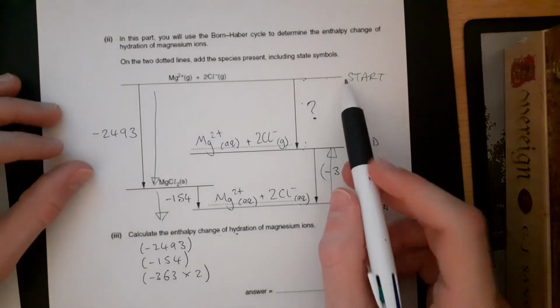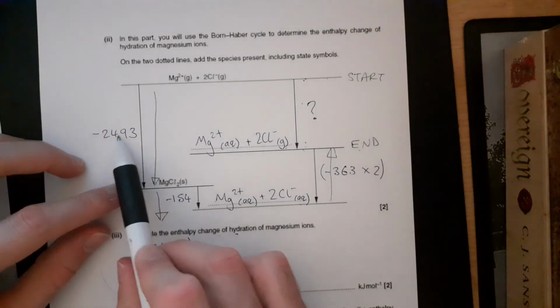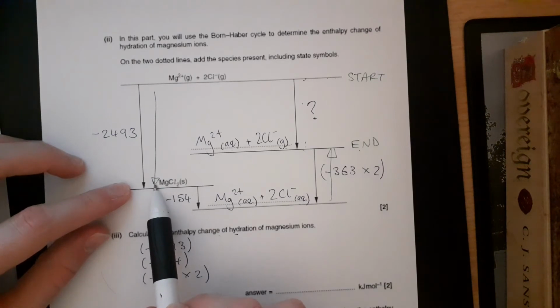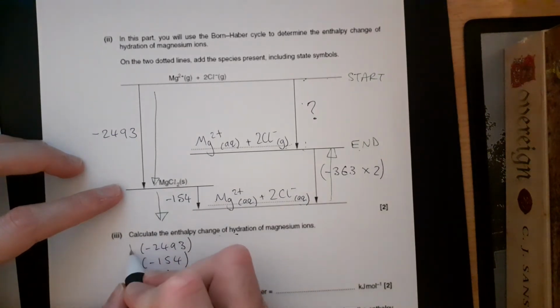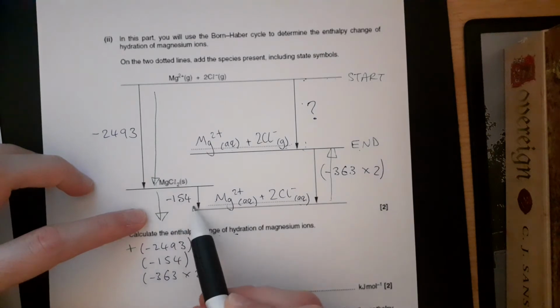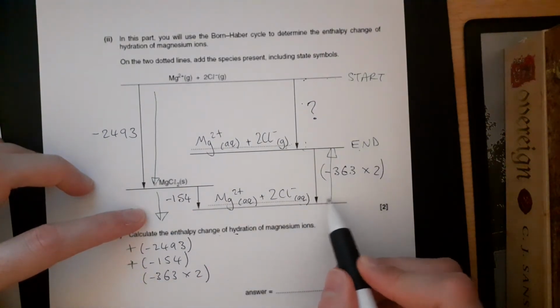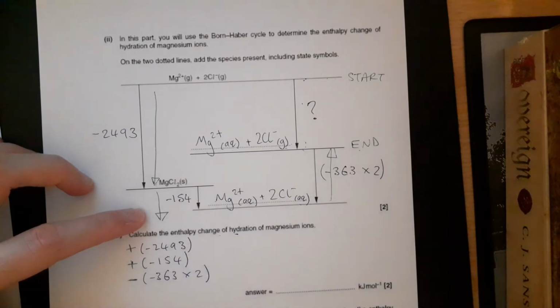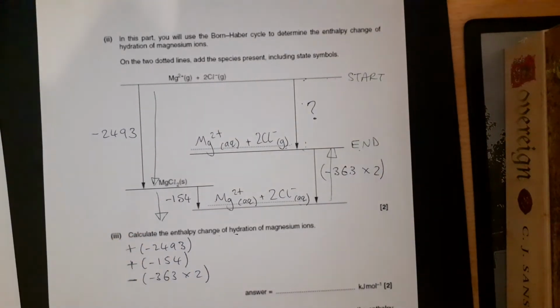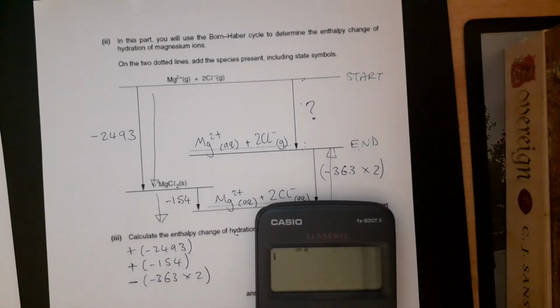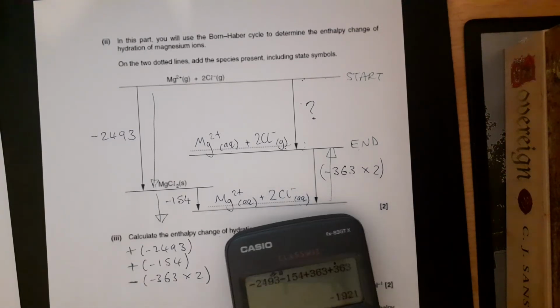Then we need to compare the arrows again. With the minus 2493, our arrows are in the same direction, so we're going to add that one. These two arrows are in the same direction, so we're going to add that one. And then here, these two arrows are in the opposite direction, so we're going to take this one away. So we're going to do minus 2493, minus 154, and then plus 363 twice. And so we get minus 1921.